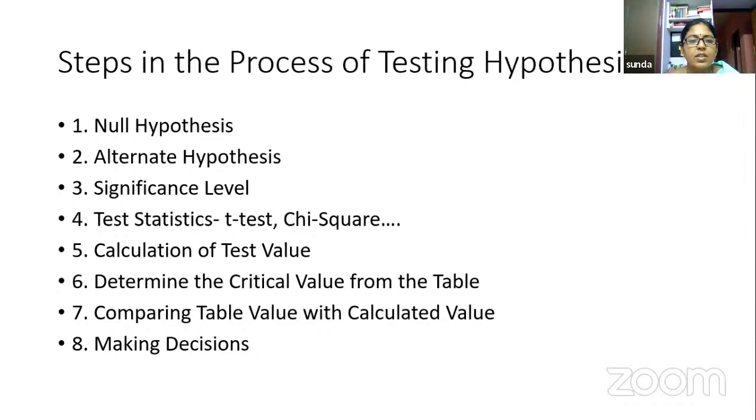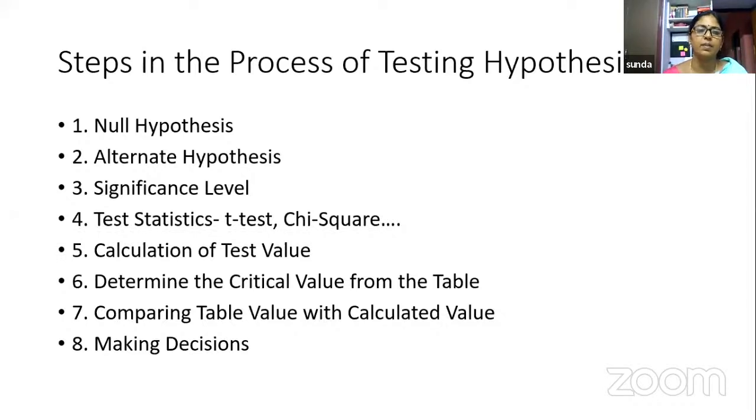Null hypothesis is always a negative statement where, whatever the statistical data you have, your basic assumption is that in those data sets there is no association, no correlation, or no relationship between the data you are using. With that assumption only you will be proceeding. The null hypothesis is a negative statement created in order to prove whether it is negative or positive.